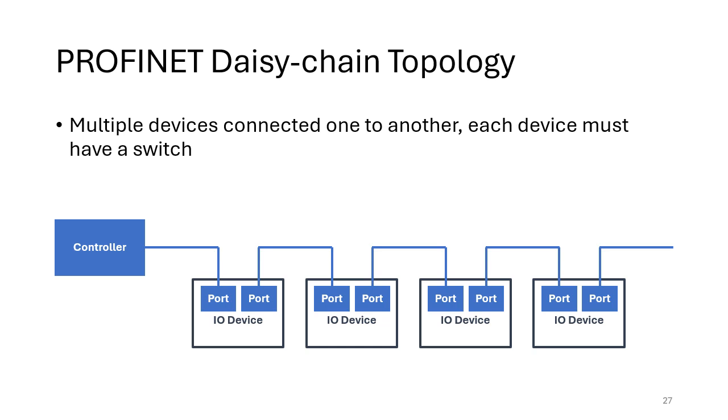Again, this allows you to extend your distance, and it's normally not an issue in terms of reliability. But you have got single points of failure. Each of these cables and each of these I/O devices is potentially a single point of failure, but so is the controller itself. So for most applications, this would be fine, and this would give you very good levels of availability. Of course, the key benefit, because the switches are built into the devices, is that you don't need to buy any additional hardware.